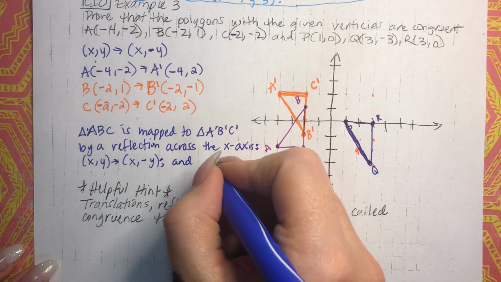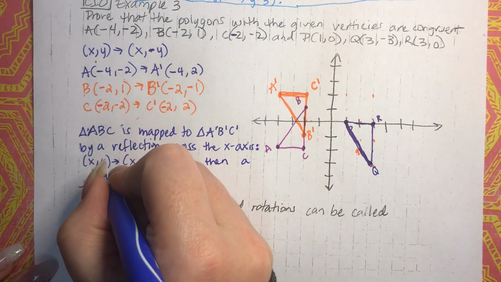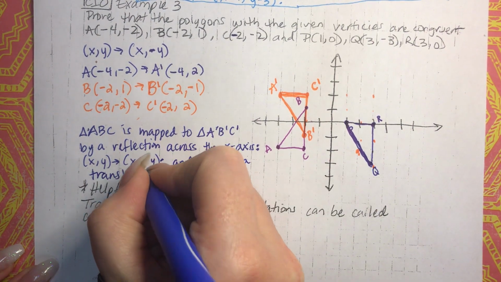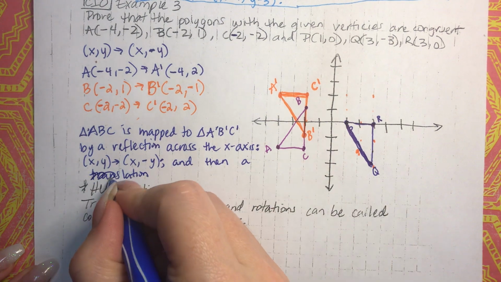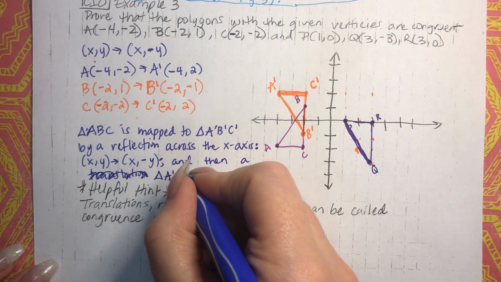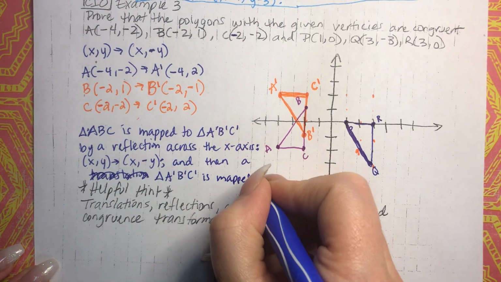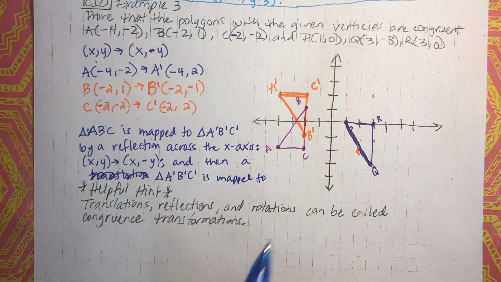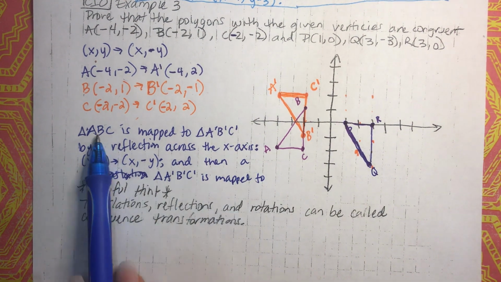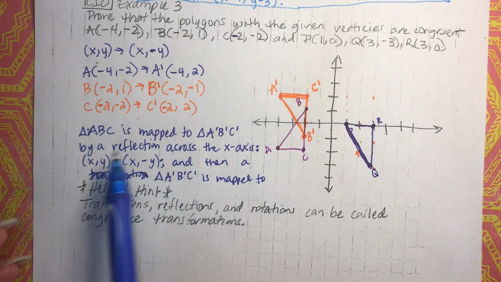And then a translation. I should say this. Triangle A prime, B prime, C prime is mapped to, and "map to" is just kind of like "moves to," so ABC moves to A prime, B prime, C prime. By how is it moving?